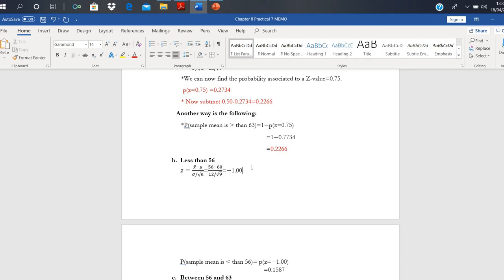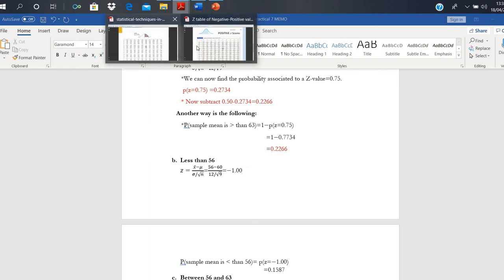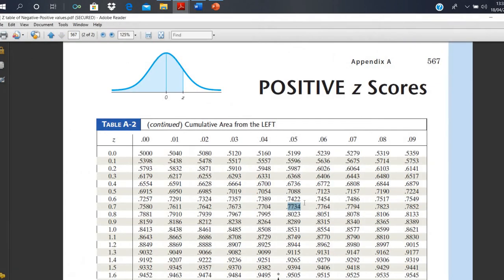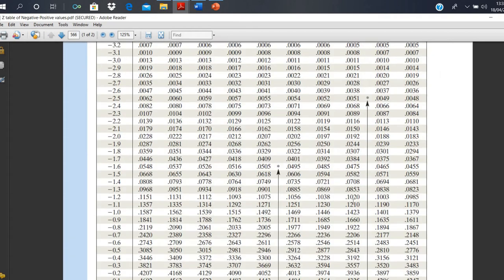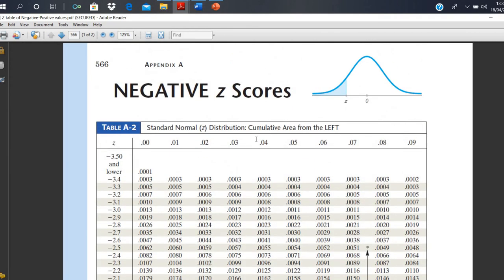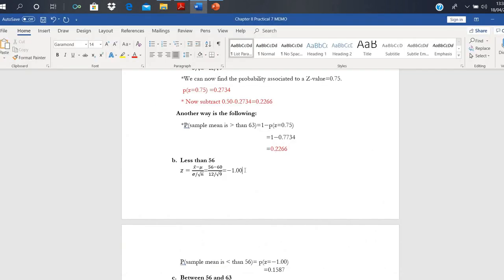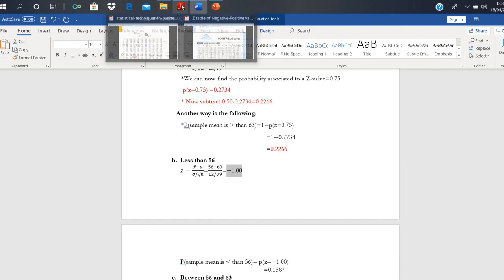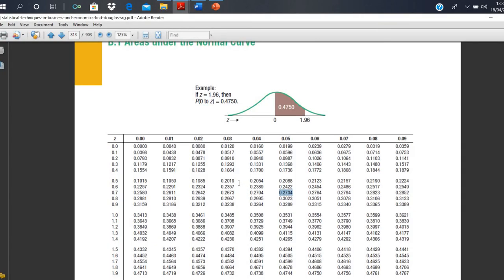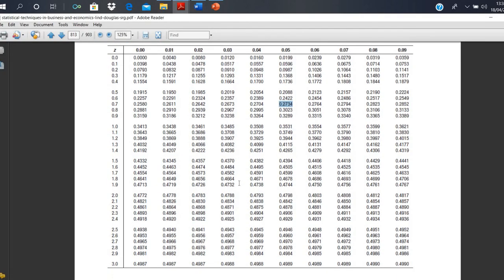And that is why, guys, it is quite better for your understanding, I can really advise you in most cases, to use this second table here, because in this second table you have both negative Z scores and positive Z scores, and you see that in this case we find that the Z score is -1. If you go to the table that you have in the book, that table does not have negative values.